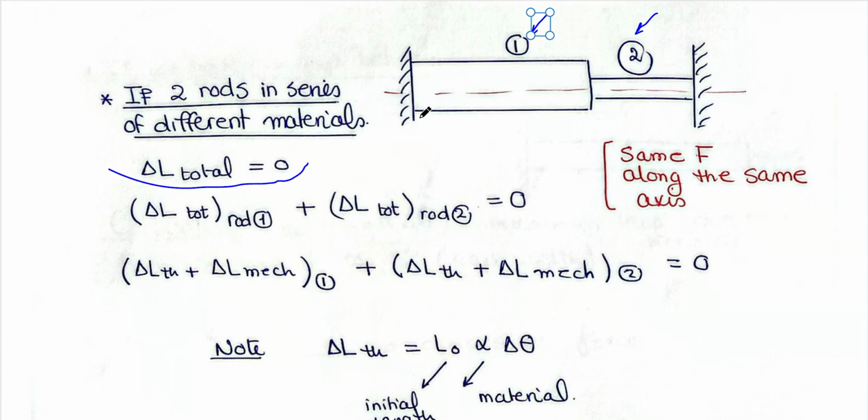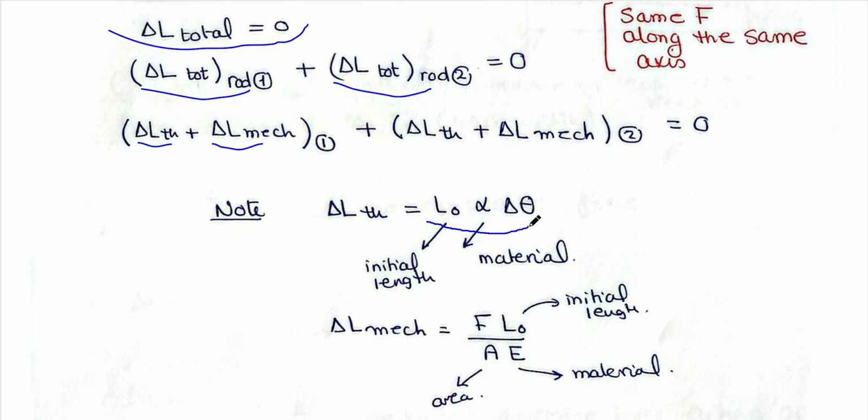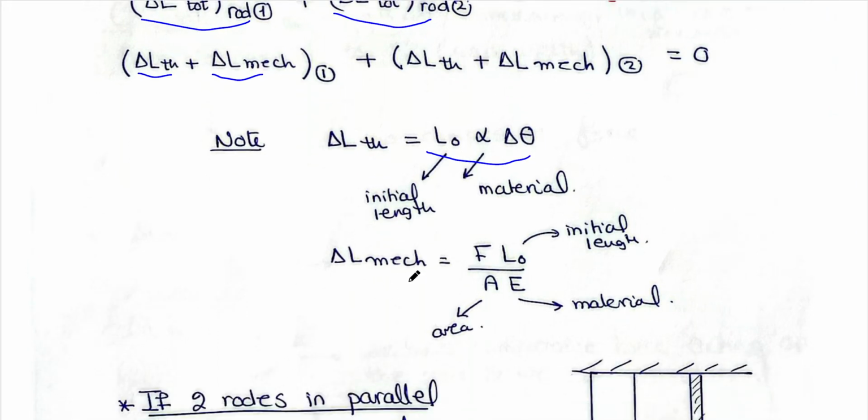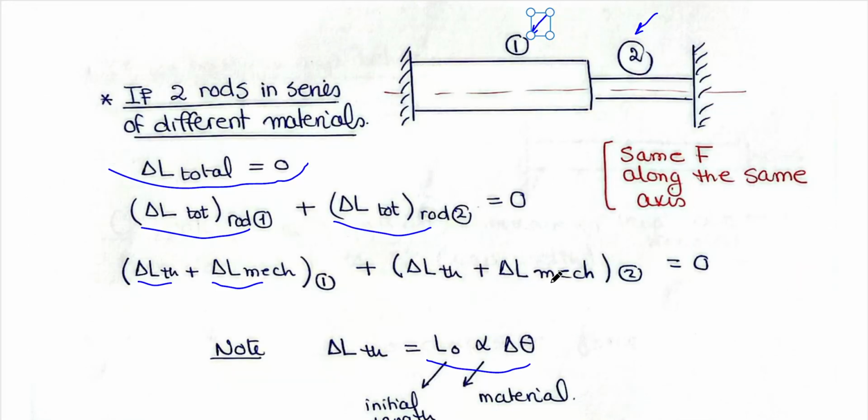I have it from rod number 1 plus rod number 2. Delta L total for rod number 1 is delta L thermal plus delta L mechanical. Similarly, for rod number 2, delta L thermal plus delta L mechanical. Put every delta L thermal in terms of L alpha delta theta, and every delta L mechanical as FL over EA. This is one of the ideas that we can discuss.